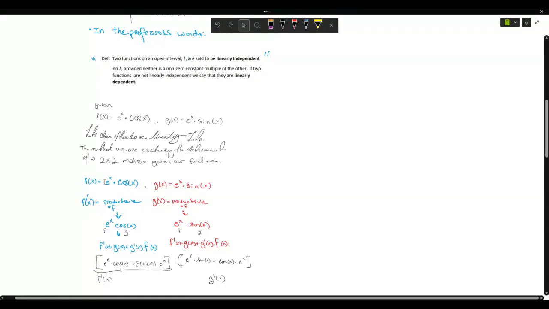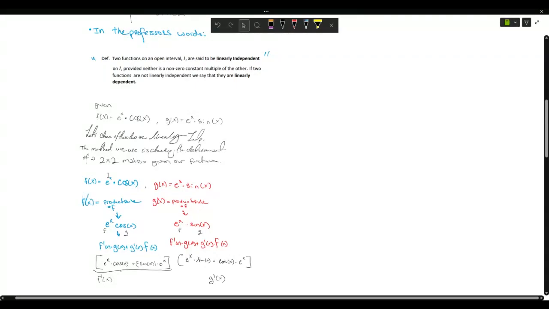I'll be referring to both the linear algebra context and the differential equations context, so I'll use both of those notations here. We want to find the derivative of f of x, f prime, and the derivative of g, g prime.